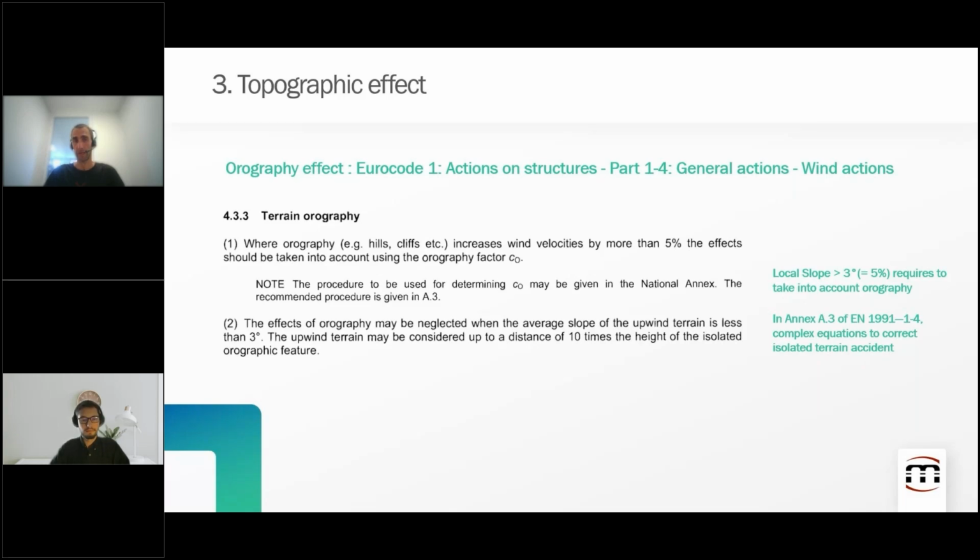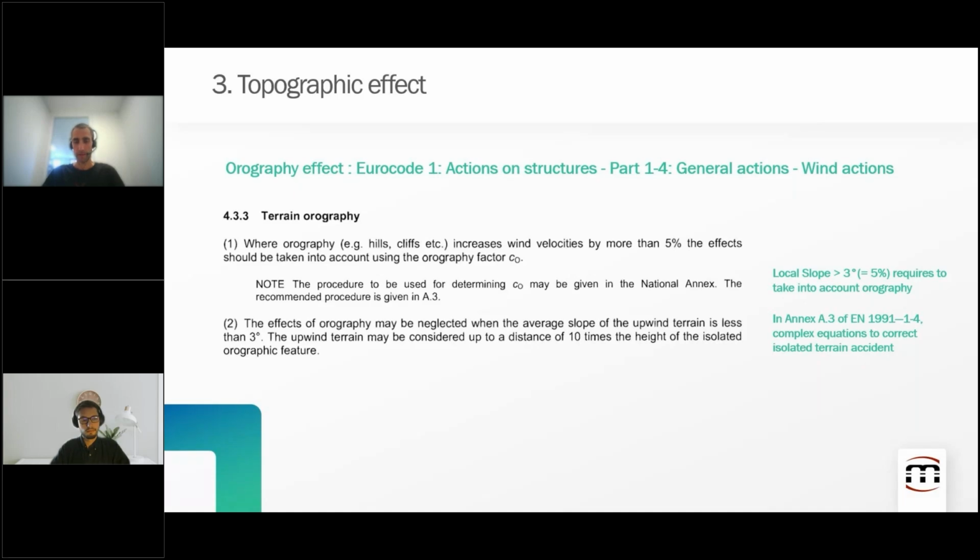So will it affect my project or not? This is the rule: 5% local slope, and you have to look at the local topography by an order of 10 times the height of this feature.